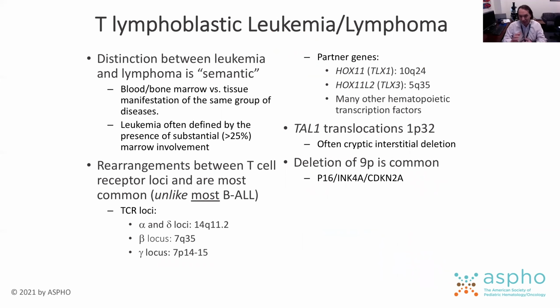As I said, with Burkitt lymphoma and leukemia, the distinction between leukemia and lymphoma is semantic. Often leukemia is defined as having greater than 25% marrow involvement.